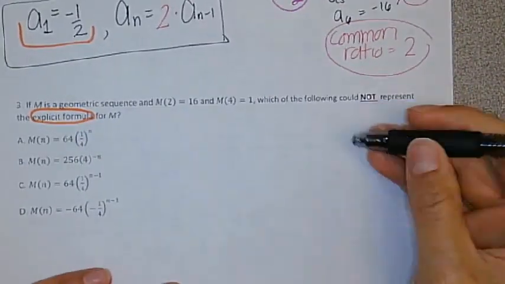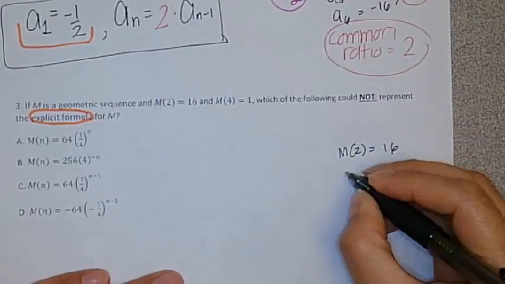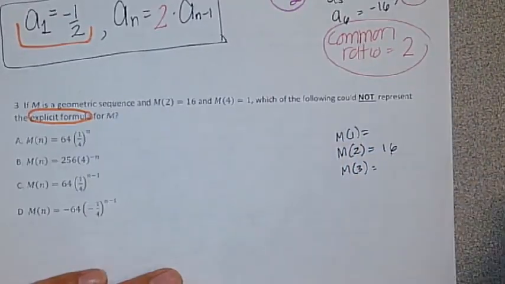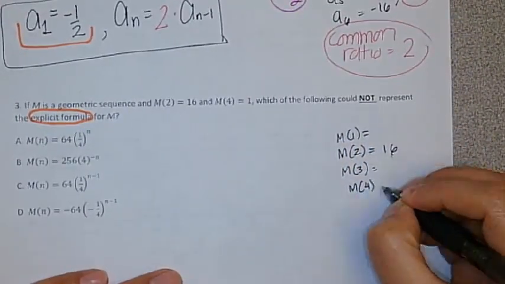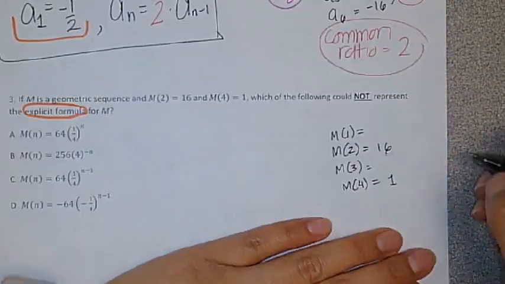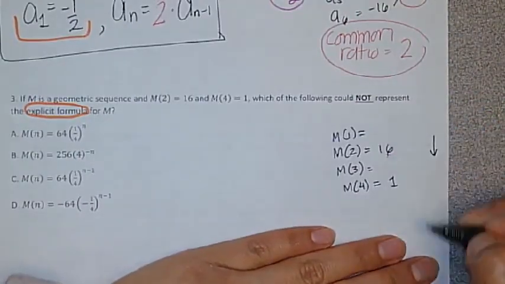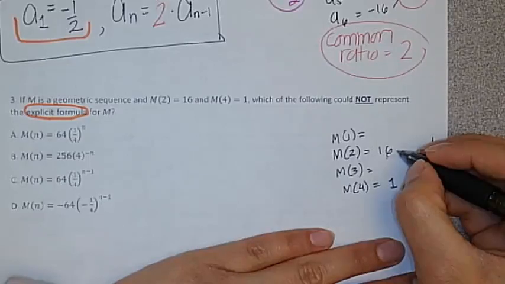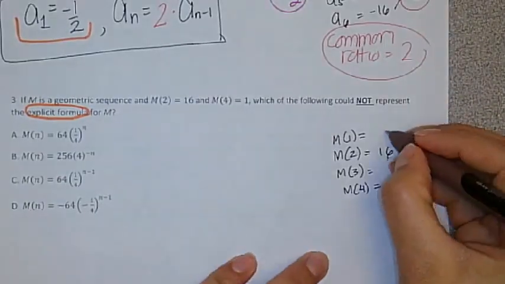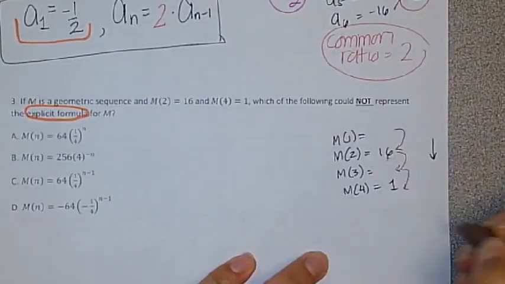So I have m of 2 is 16. I don't have m of 3. I don't have m of 1. And then I have m of 4, which is 1. Okay? So the common ratio will have to be a fraction because it's decreasing. So I need to find out what I have to multiply by to get the 1.